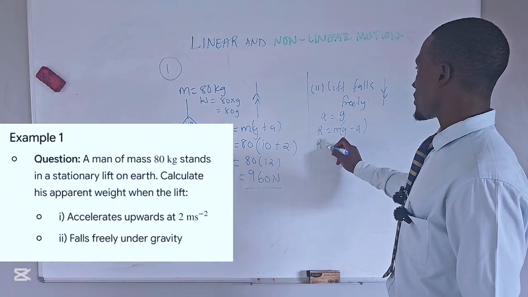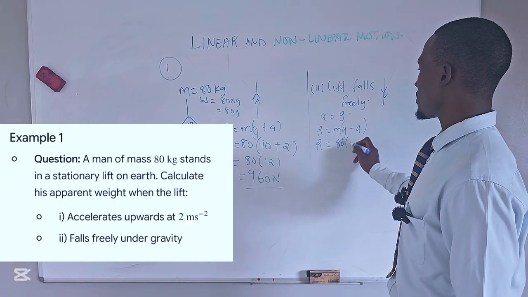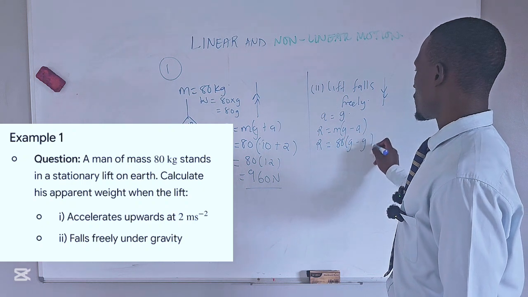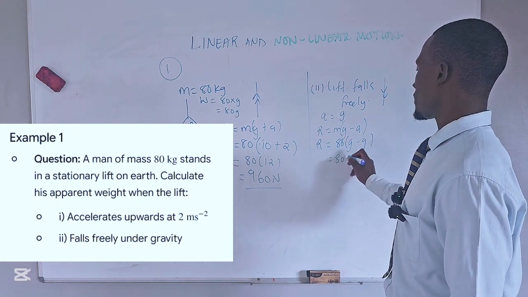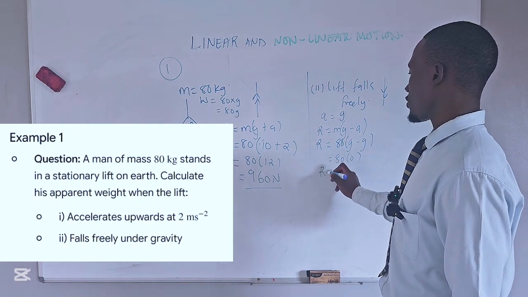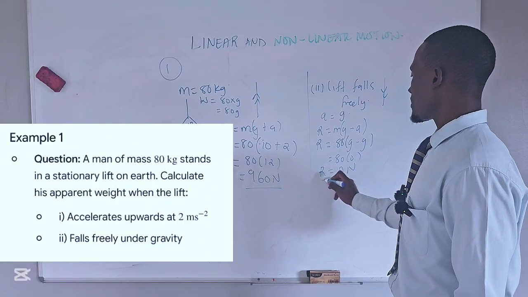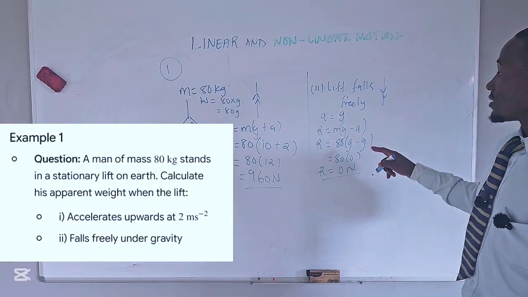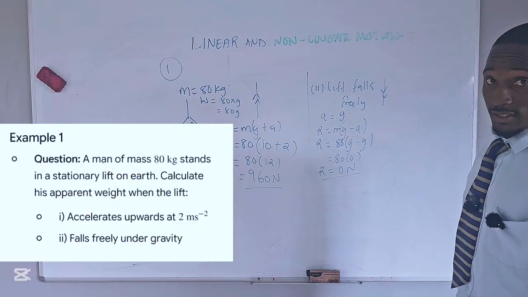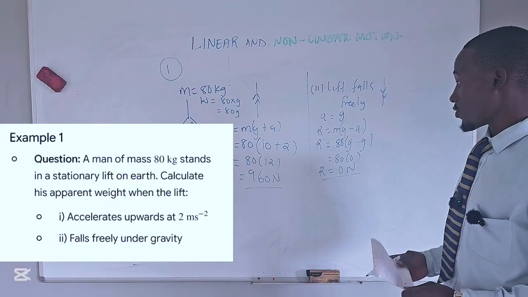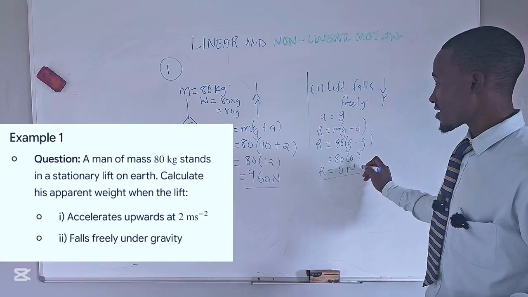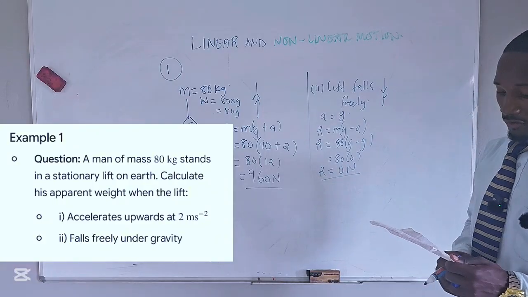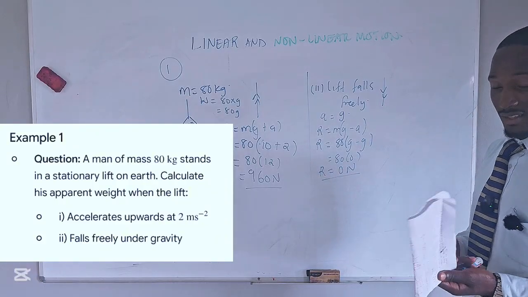So in this case, the mass is 80, g minus g, which is 80 times 0. So when this lift is falling freely, the body is weightless and the reaction or his apparent weight is 0. Thank you very much. Let's look at example 2.